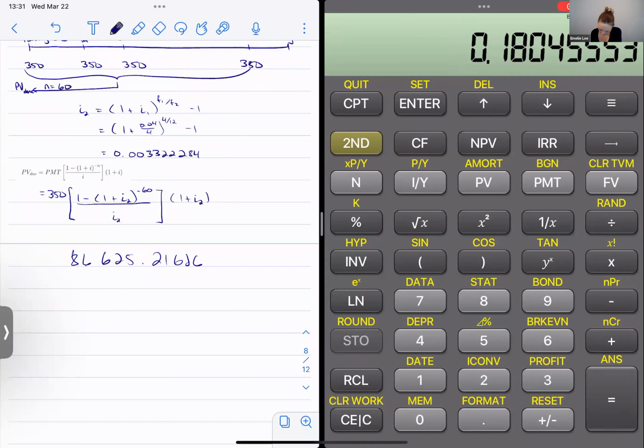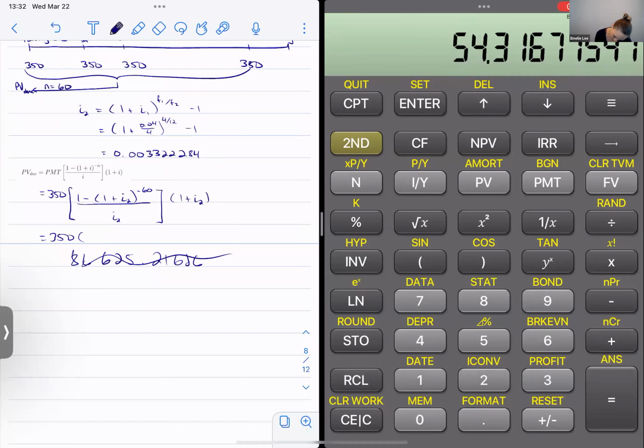I'm going to store that in 2 divided by recall 1. There. I must have been subtracting 1 when I shouldn't have been. Okay, not that. This matches what I have in my notes.